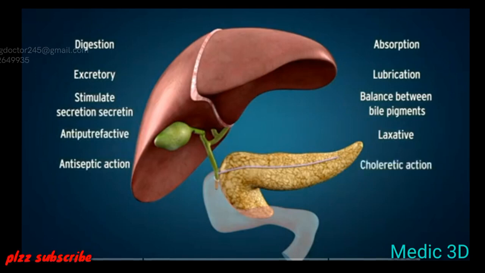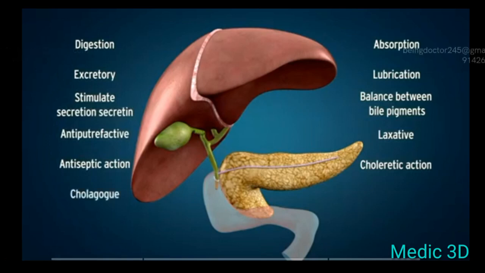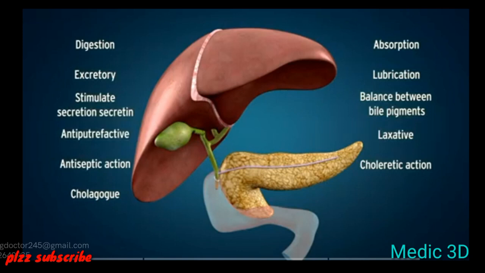Choleretic action: it helps secretion of bile by hepatocytes. Cholagogue function: bile salts present in the bile cause the secretion of the hormone cholecystokinin, which increases the contraction of the gallbladder and thus increases bile secretion.